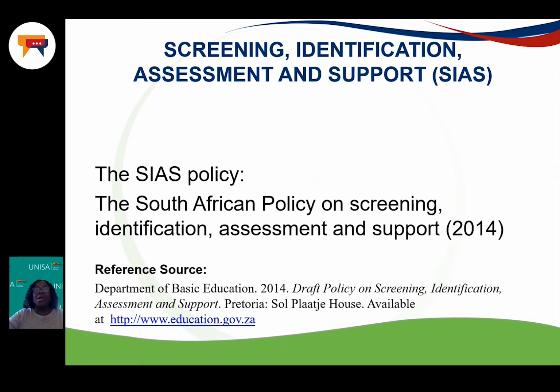The policy on screening, identification, assessment, and support is in short called SIAS, or the SIAS policy, which has been published by the Department of Basic Education in 2014. I encourage you to also familiarize yourself with the contents of this policy document. It's very, very important.